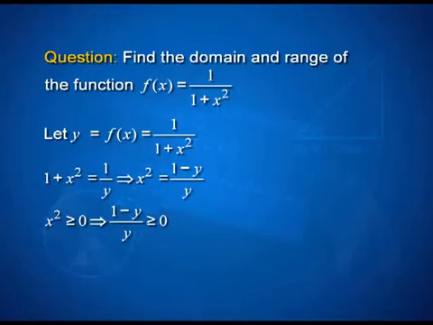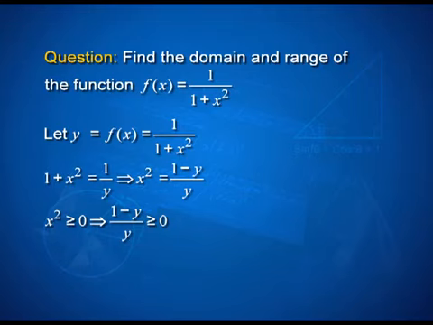So, for the range, if I start with f of x equal to 1 by 1 plus x square, then one of the things that I can always do is write it as y equal to 1 by 1 plus x square, and from there find what the condition on x in terms of y would be. So, expressing x in terms of y, I have x square is equal to (1 minus y) by y. Now, let us apply the logic. x square is always greater than or equal to 0 and x is a real number.